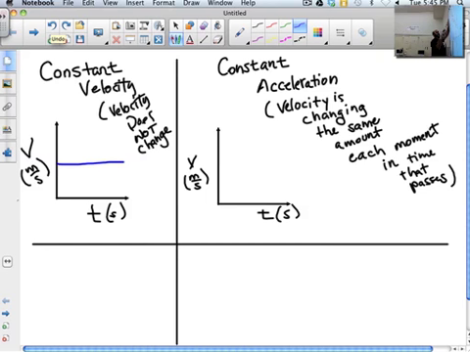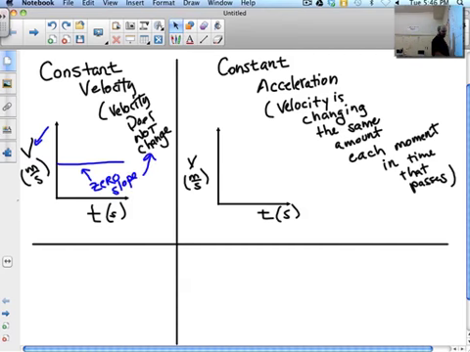The reason it's constant velocity is because this graph has zero slope, meaning there's no change in whatever's on the vertical axis. So zero slope means there's no change in that variable.